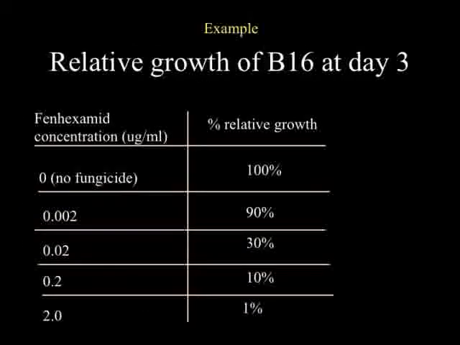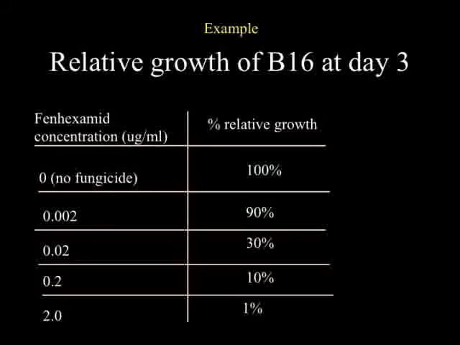So for day 3, calculate that number for each isolate and each fungicide concentration. Again, record those numbers and the percent relative growth calculations in the Excel spreadsheet that was provided.